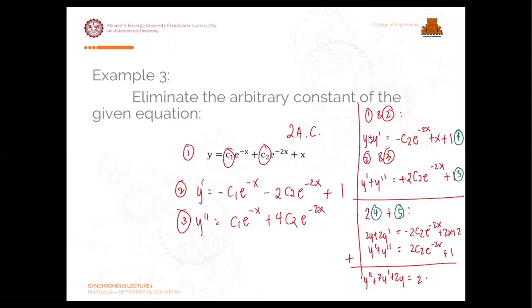Then ito magiging 2x plus 3. This will be your final answer. Okay. So, ineliminate natin yung unknown variable. Okay. Next.